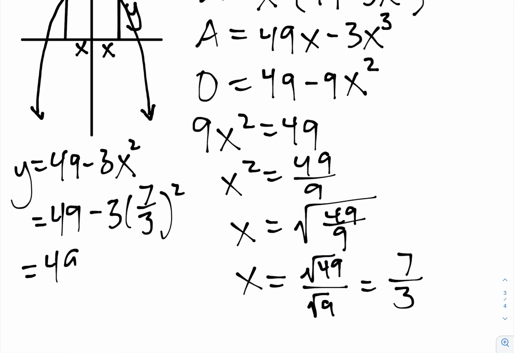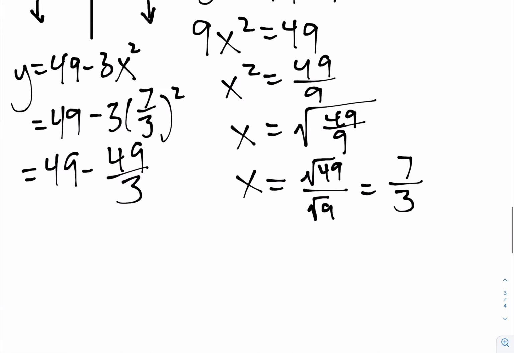So this will be 49 minus, 7 over 3 squared is 49 over 9, so 3 times 49 over 9 is 49 over 3. Right? And if we use our calculator for this, we could get it into a single fraction, but 49 minus 49 over 3 is going to give us 32.7.